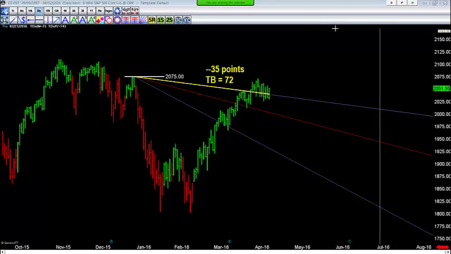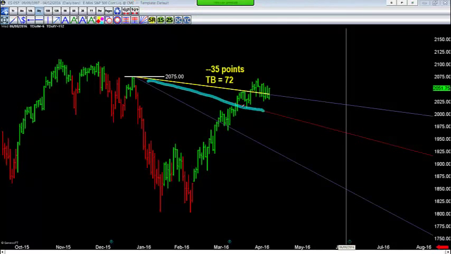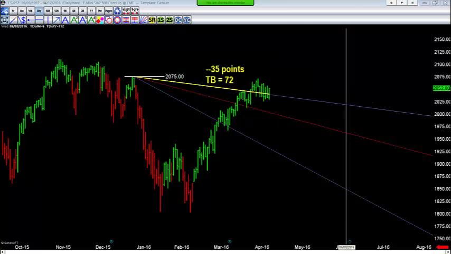If I take the high price, because we're going down, if I take this price, 20.75, and subtract 36, you will get that price. Okay? You will get that price.